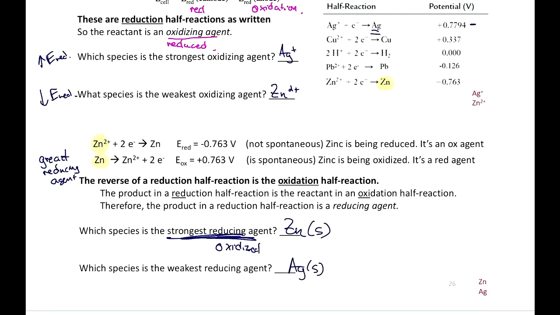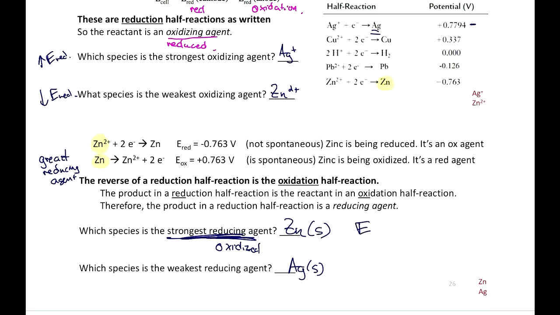Because again, all these things are being oxidized. It has the most positive reduction potential, so it's going to have the most negative oxidation potential. So silver solid is going to be the weakest reducing agent here. It's not likely for it to be further oxidized because it's not very spontaneous to do so.